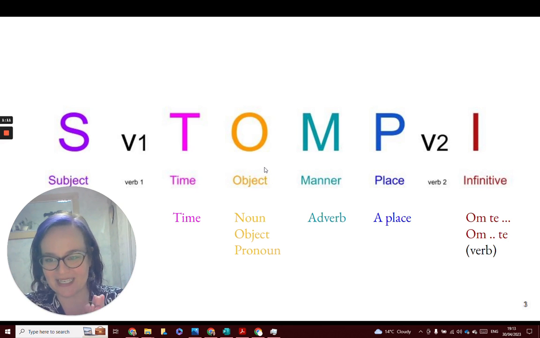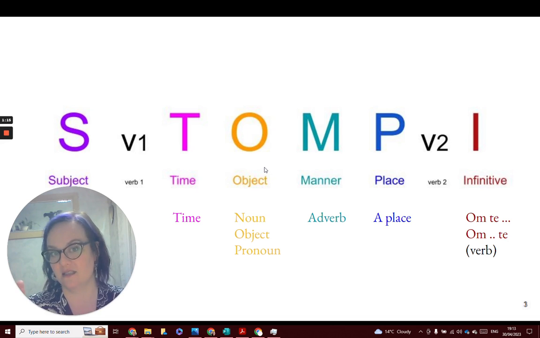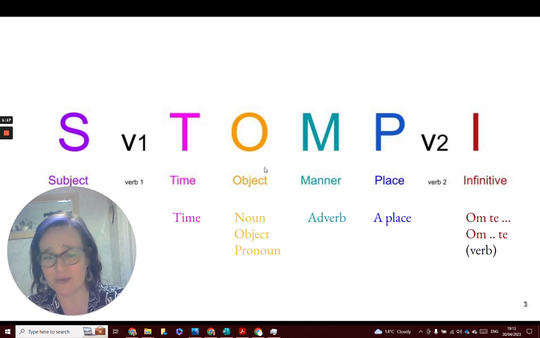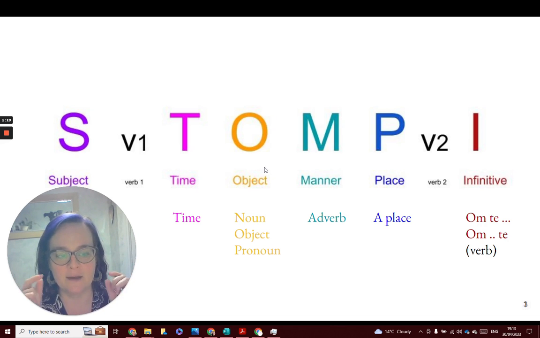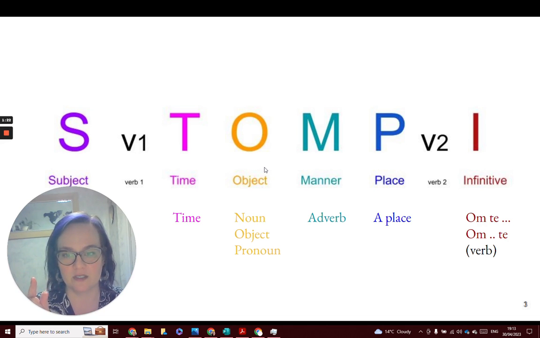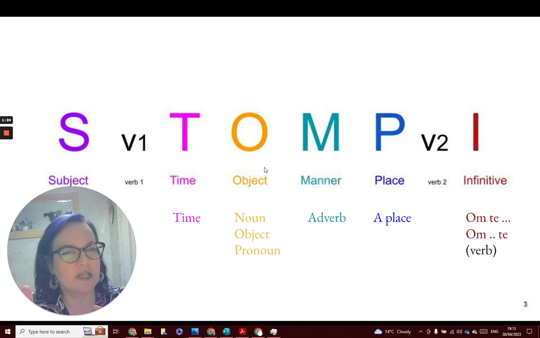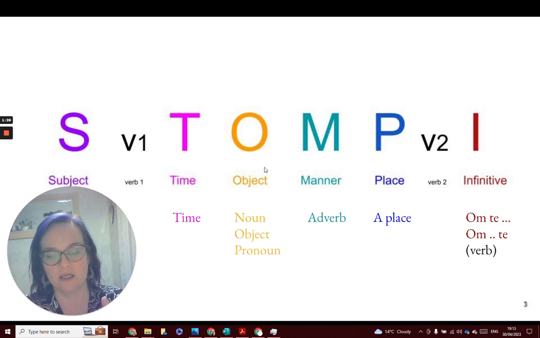Okay, so STOMPi is a way that Afrikaans people structure their sentences. We don't do it on purpose because obviously we're native speakers, but there's a sequence in how we say the words. So the subject is the subject of the sentence, who is doing what. This could be your pronoun, one word, he, she, hy, sy, or it could be a few words.